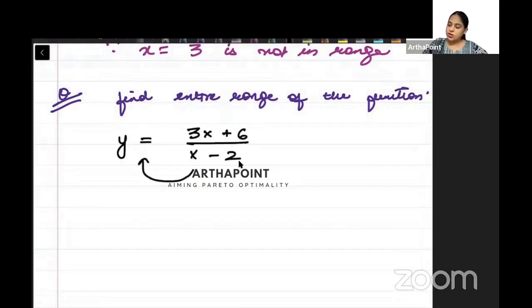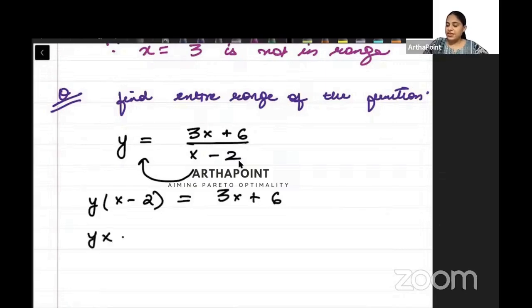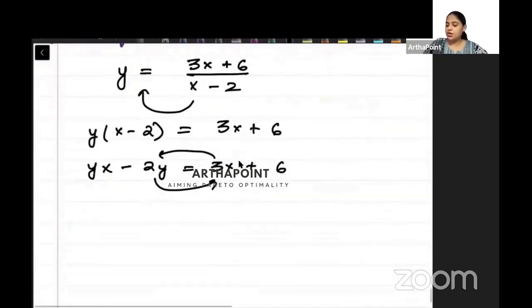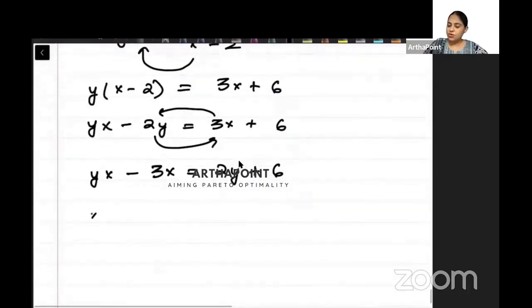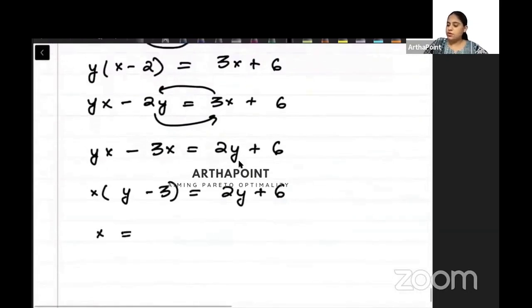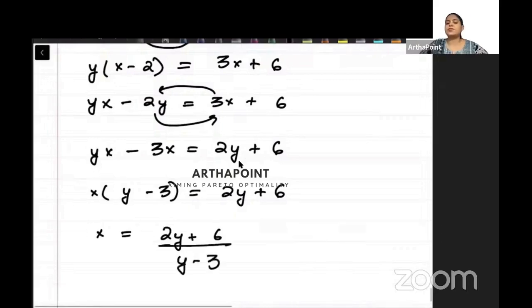Take this here बच्चे. y(x minus 2) is equal to 3x plus 6. yx minus 2y is equal to 3x plus 6. Take this here, take this here. yx minus 3x is equal to 2y plus 6. Take x common. x(y minus 3) is equal to 2y plus 6. x will be (2y plus 6) divided by (y minus 3).